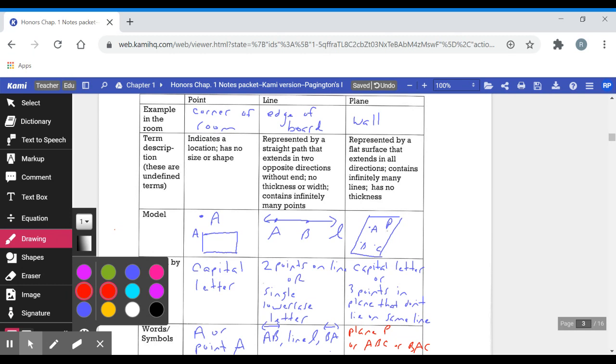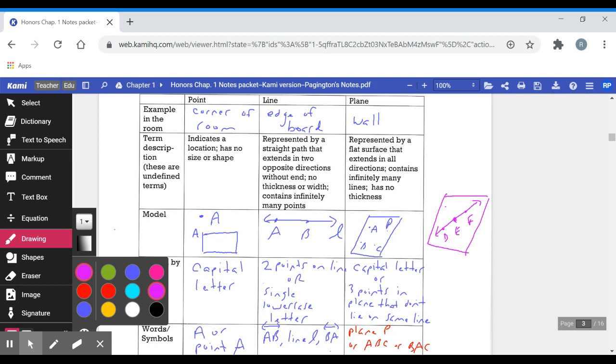So I want to show you kind of a non-example here. Sometimes it's good to visualize that as well. So say I had a line within the plane and it had a D, E, and F on it.